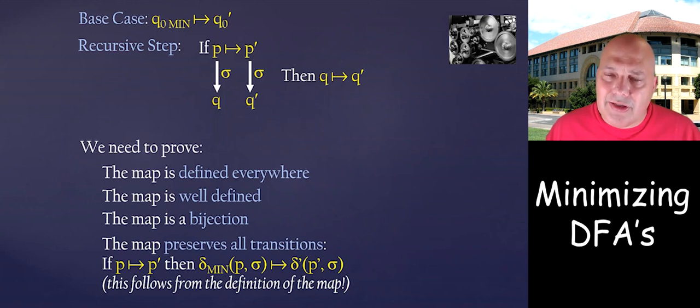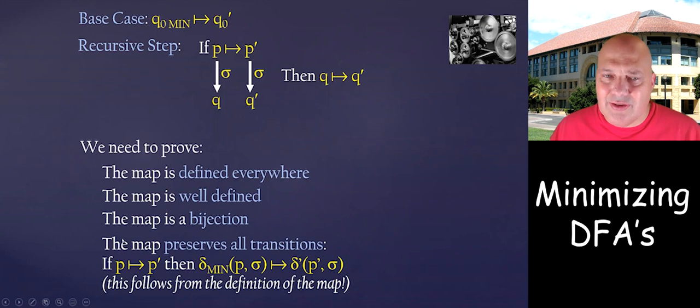Now, this part we are getting for free. We're getting it just by construction. Because of the way we define the mapping recursively, if P reaches Q on sigma and P prime reaches Q prime, then we are going to define Q is mapped to Q prime.